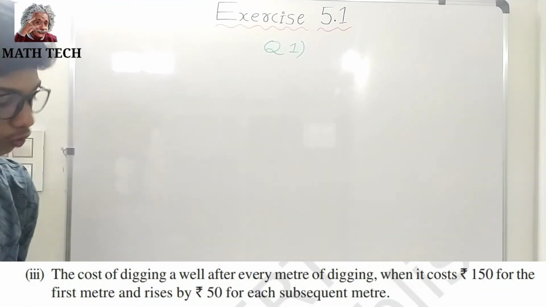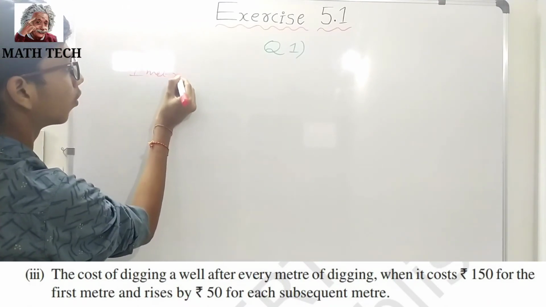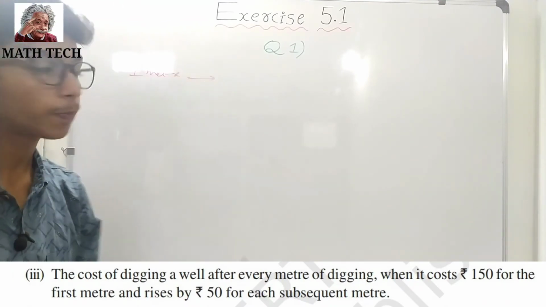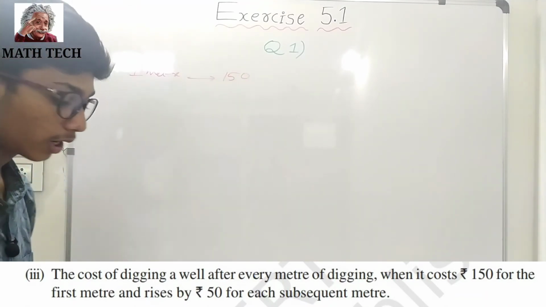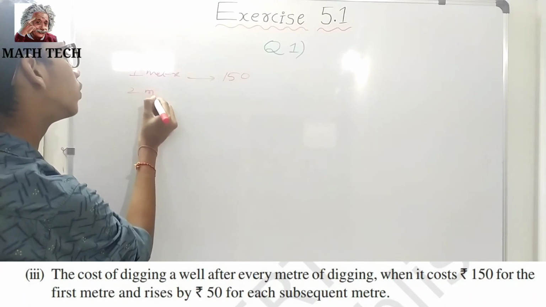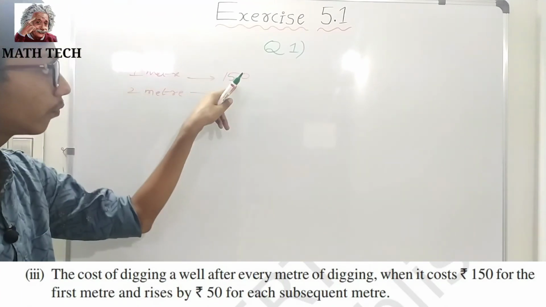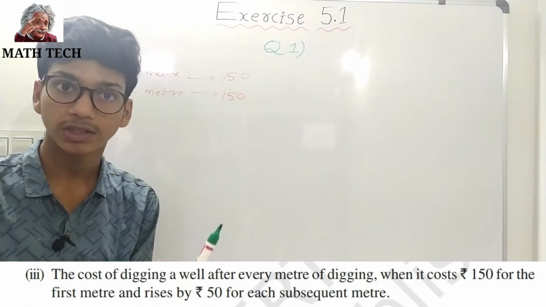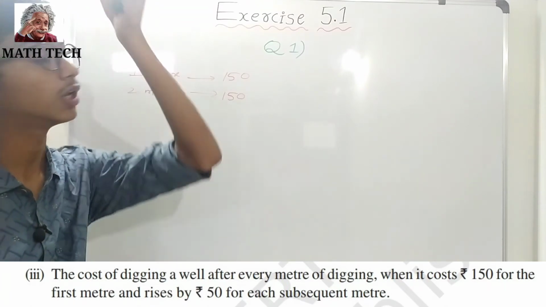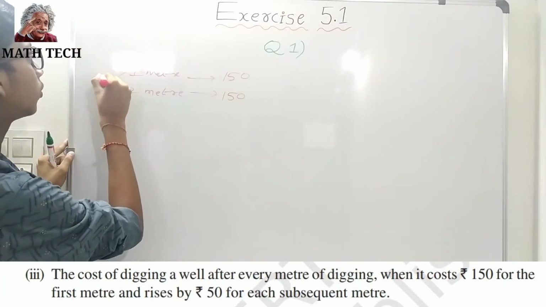Okay, so let's assume that you have dug 1 meter, then you should pay rupees 150. And if you dug 2 meters, you should pay 150 plus 50, that is rupees 50 for the additional meter.